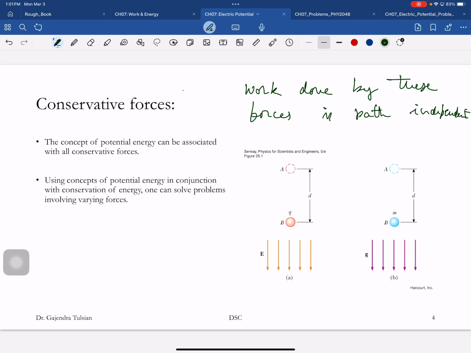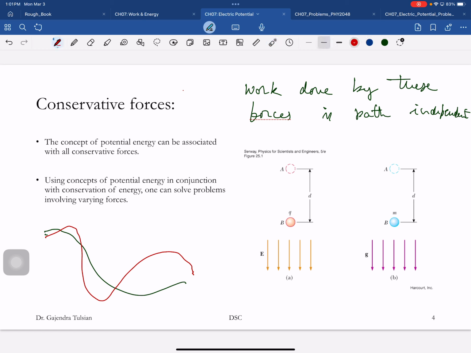For instance, you saw this in the first semester as well. Let's say gravity is a conservative force. The work done by gravity along this slide and this slide is the same. So if they were frictionless, you would come out with the same speed along both those rides, because the work done by gravity is path independent.